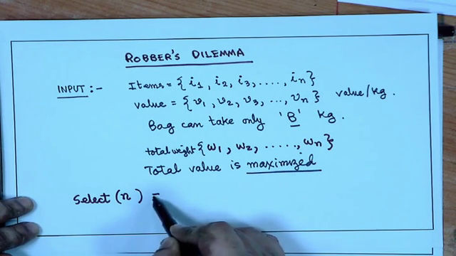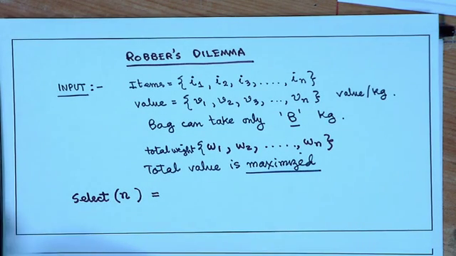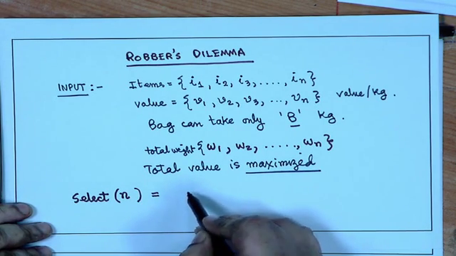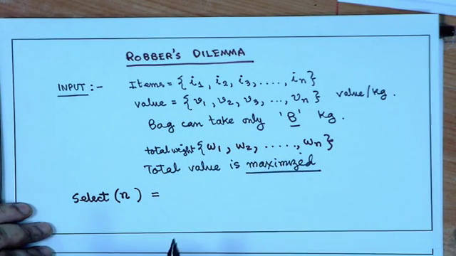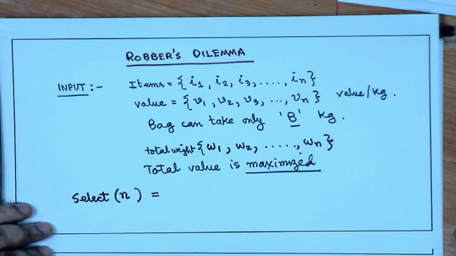And now, he has to write down this recursive definition. In this recursive definition, for every item, he will have to decide how much of the weight he will take of that item. He can take any weight value between 0 to W1. Okay.